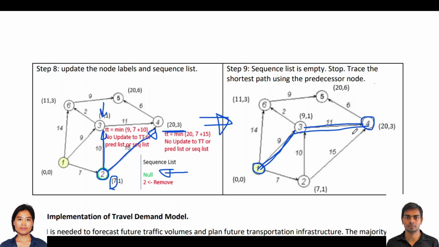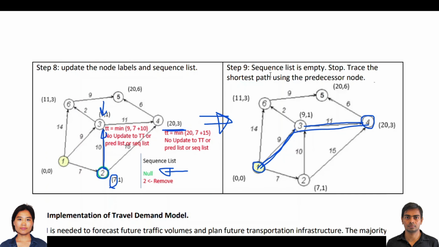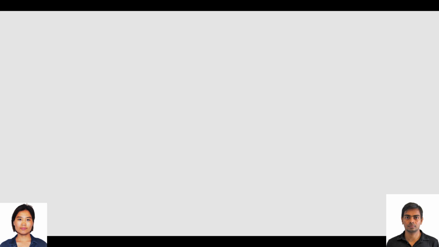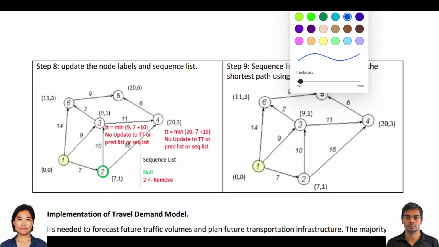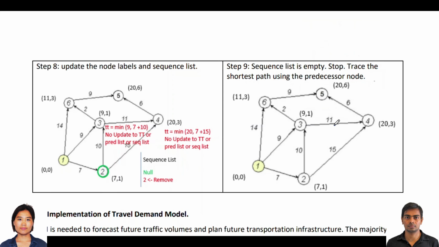Let's say we want to figure out the shortest path between node 5 and node 1.